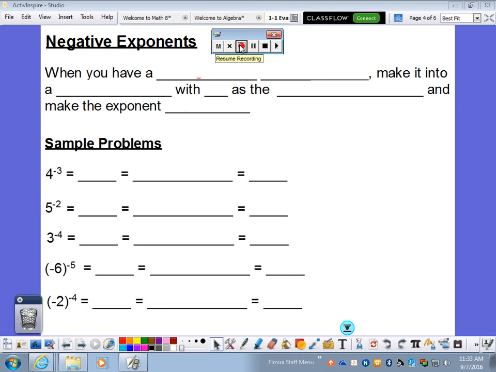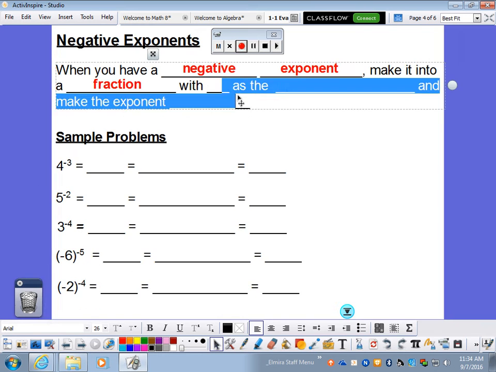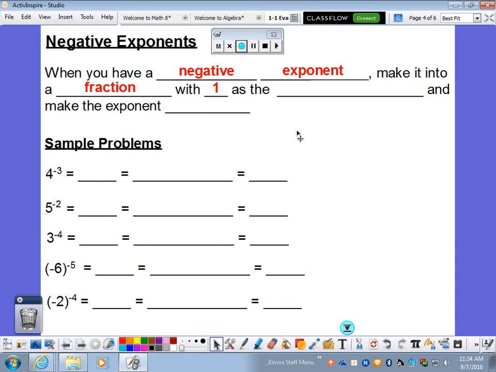Okay, so exponents is not necessarily a new thing for you, but negative exponents is probably brand new. You've probably never seen a negative exponent before. If you have a negative exponent, what you're doing is you're making a fraction with 1 as the numerator and make the exponent then positive.